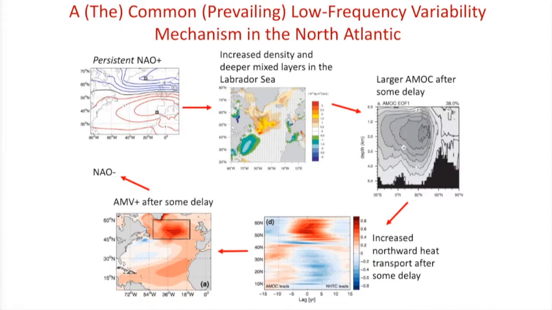And that can lead to the so-called Atlantic multi-decadal variability pattern. This is the sea surface temperature. And we think that it is responsible for the creation of the subpolar lobe of the AMV. Note that I am essentially distinguishing it from the tropical lobe, and that in turn can lead to negative NAO patterns.